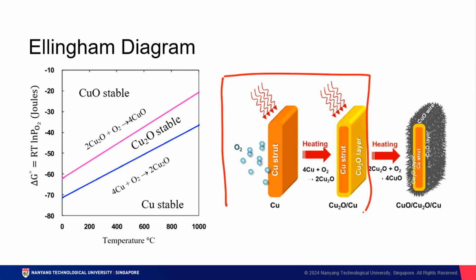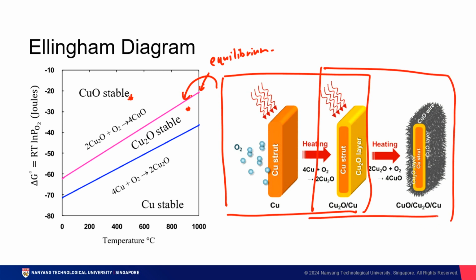We talked about this reaction earlier, and this reaction corresponds to the pink line, the first stage oxidation of copper. This pink line represents the equilibrium whereby CuO is stable, and below the equilibrium line, Cu2O is stable. Now, what about this reaction?